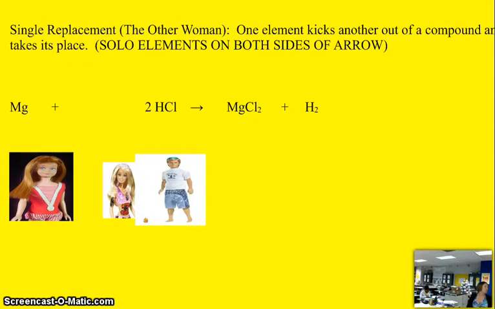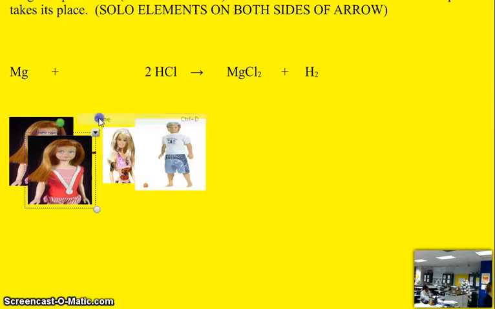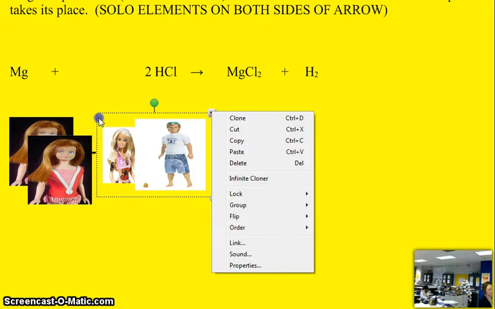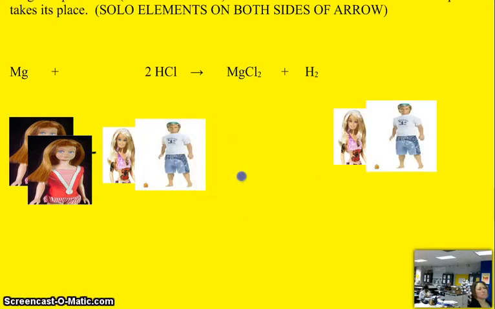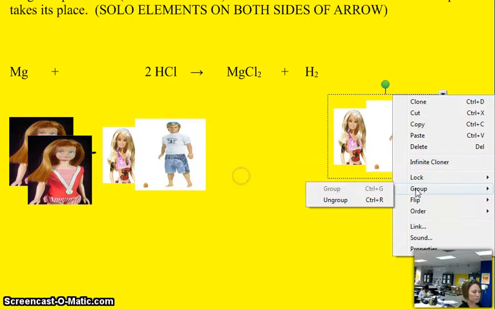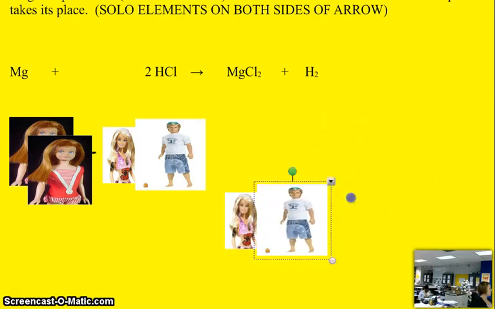The third reaction you need to know is called the other woman or the other man. It's called single replacement. So you have an element all by itself and then you have a compound. And what ends up happening, I'll kind of show you what's happening in the course of this reaction.